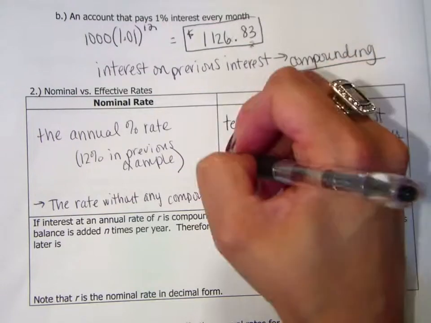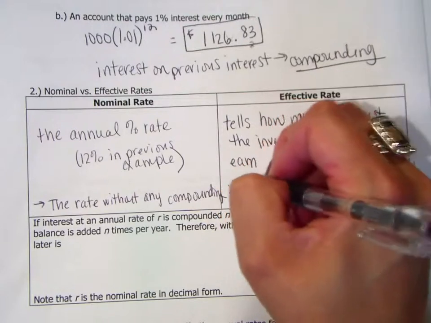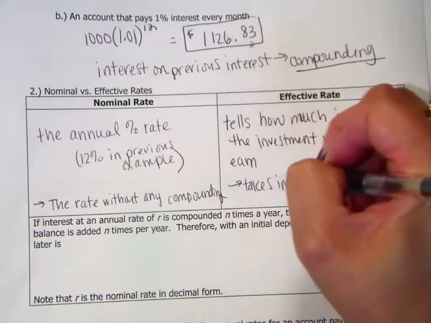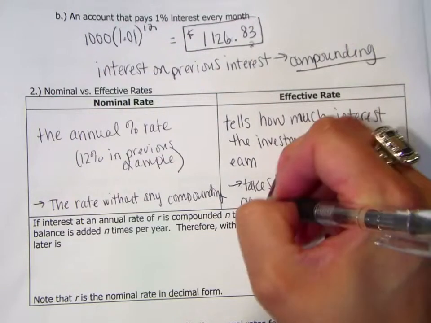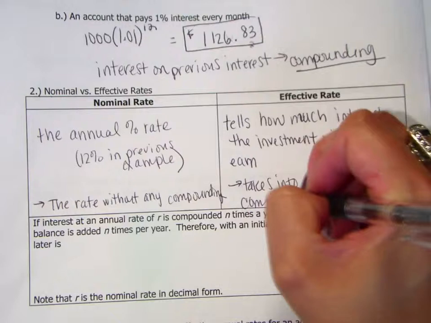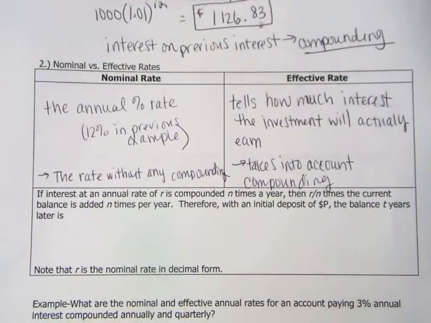This takes into account the compounding, the fact that you're earning interest on interest. Sometimes these are the same, sometimes they're different. And we'll look at when they're the same and when they're different here in just a minute.